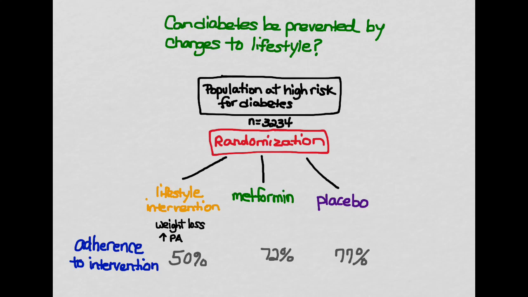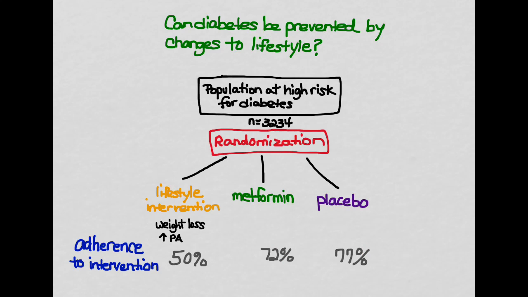So intention to treat analysis means that the analysis is looking at the effect of the intent to treat rather than the treatment itself, and that's why it's called intention to treat. So in the analysis of this study, all the people that were not lost to follow-up were analyzed as having this intervention, and similarly with these other groups.